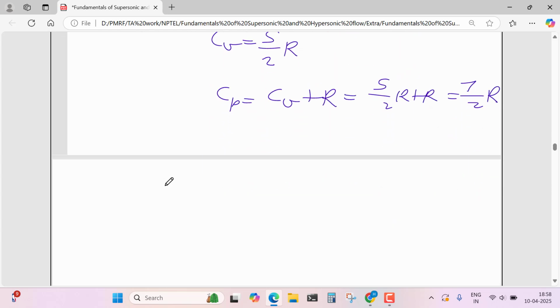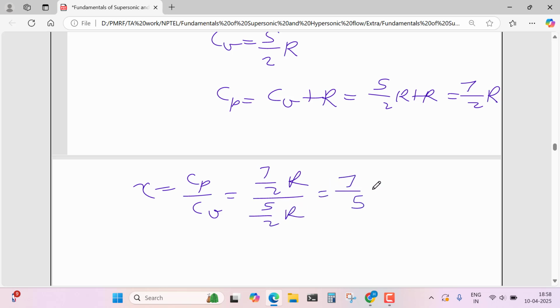Hence the ratio gamma equal to Cp by Cv will be nothing but 7 by 2 r upon 5 by 2 r, which will be equal to 7 upon 5, which is 1 plus 2 upon 5. And this gamma is nothing but 1 plus 2 by n, which is 1 plus 2 upon 5.